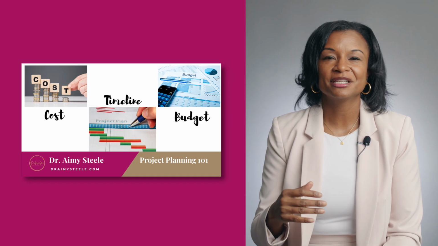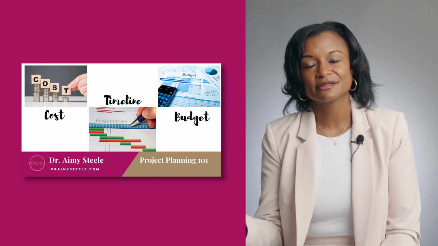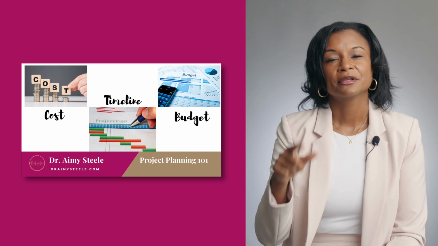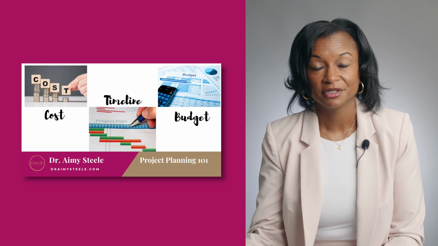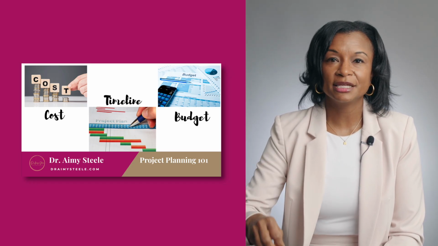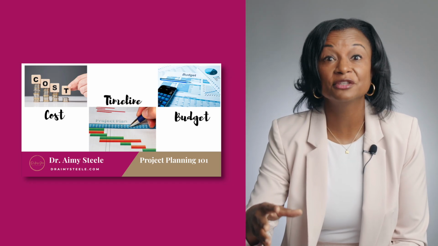Lastly, in your project plan, you've got to understand your budget. So cost and budgets are two different things. Budget needs the cost estimate, but the budget also includes things that are going to come in the future. The costs are what it costs right now, today's uncovered costs and today's costs that you can see.